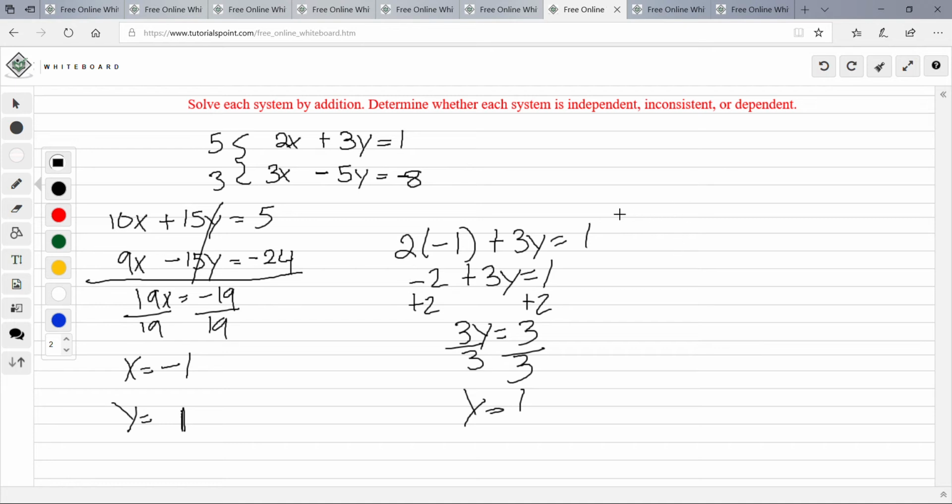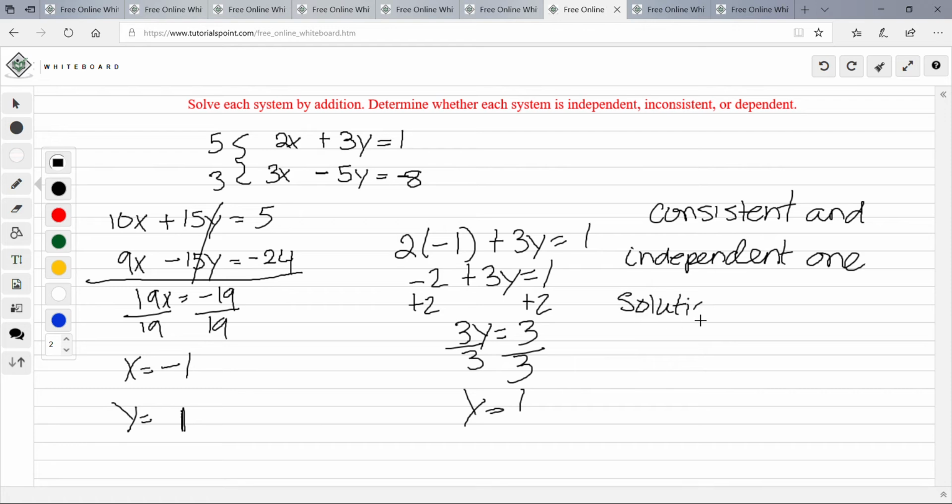So if we have one solution, we know it's consistent and independent, with one solution. And you write the solution as negative 1, 1. There you go.